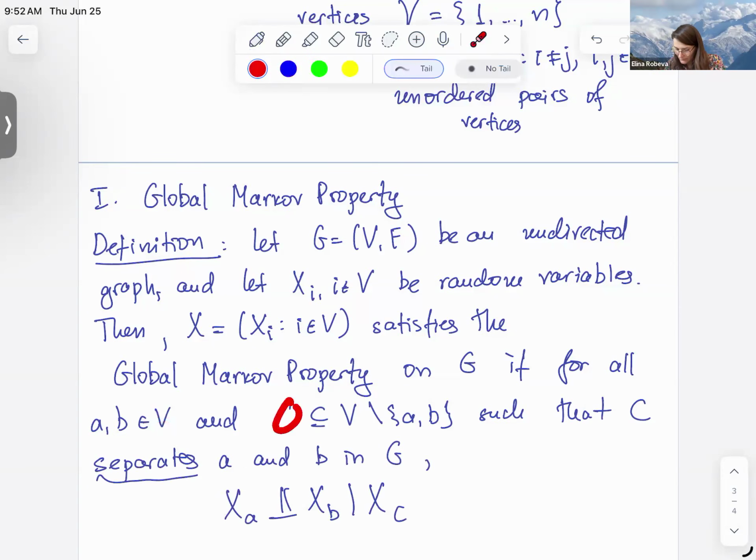X sub C means just all of the variables X_c for little c in big C.